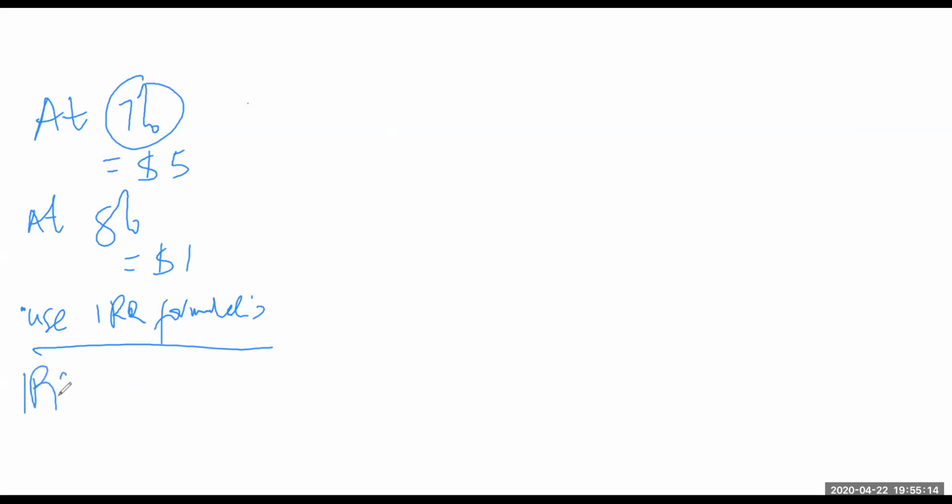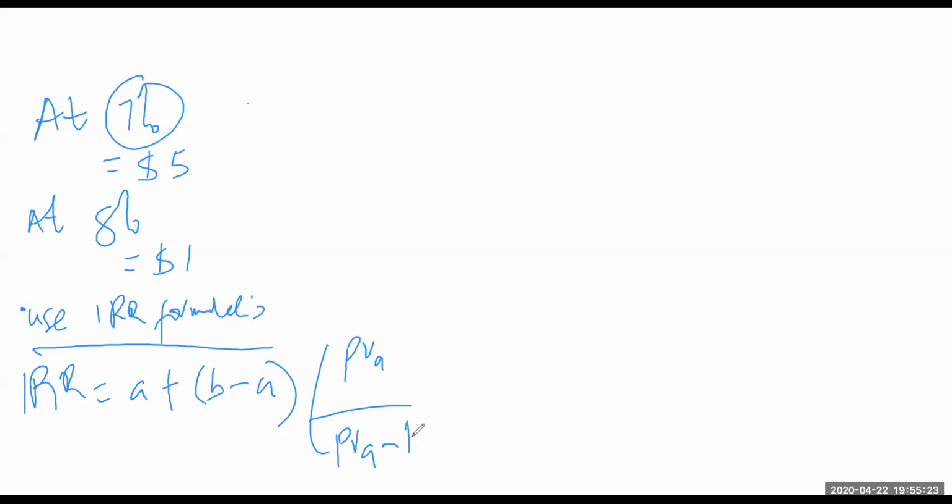The IRR formula is given as A plus (B minus A) times present value at A, divided by present value at A minus present value at B, or the NPV, whatever you want to call it, where A is the lower discount rate and B is the higher discount rate. Present value at A is the NPV at the lower discount rate, and present value at B is the NPV at the higher discount rate. I presuppose that you remember all these things.